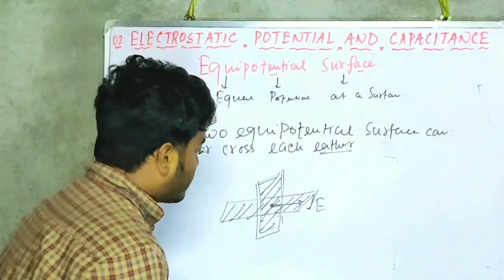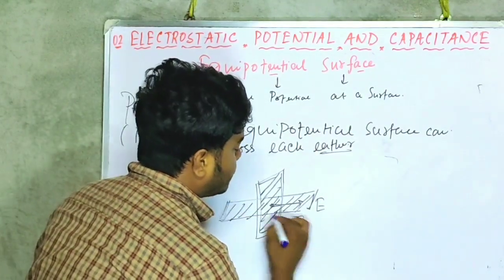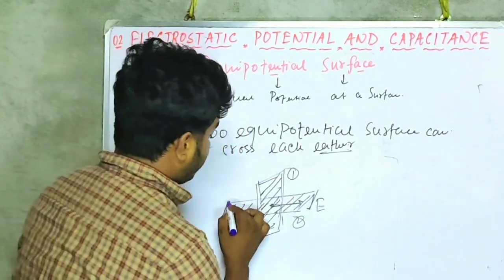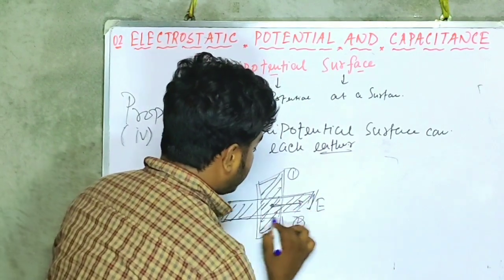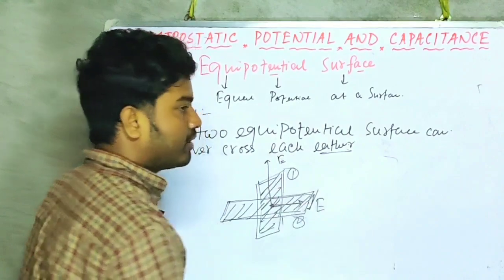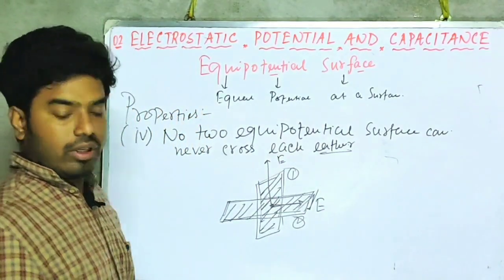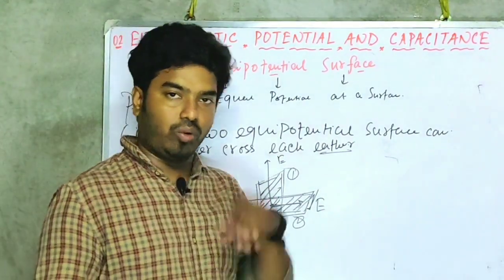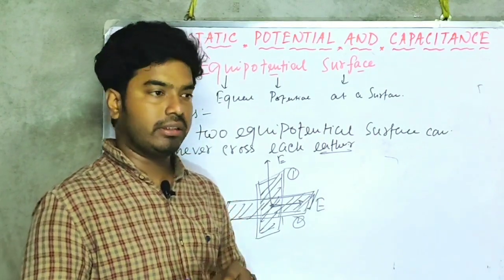So for this case, consider this is equipotential surface 1 and this is equipotential surface 2. For equipotential surface 2, the direction of electric field will be along that side. So if two equipotential surfaces cross each other, what will happen?